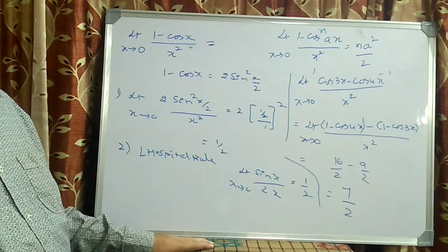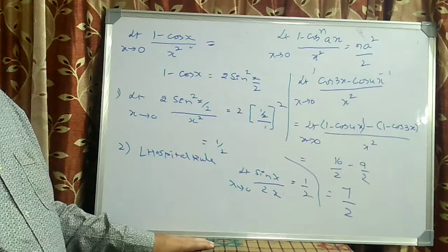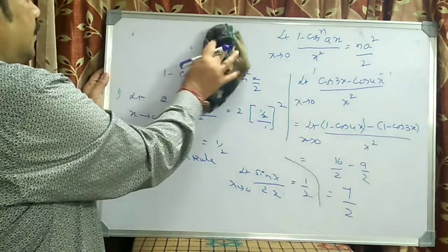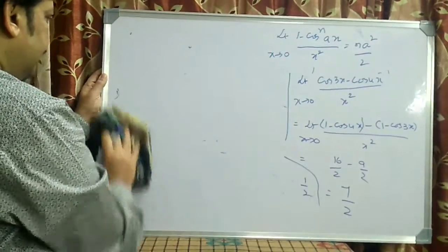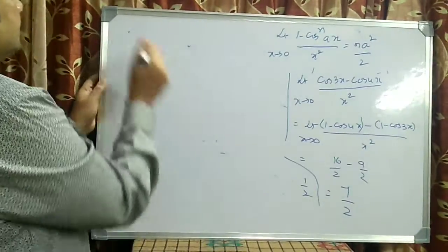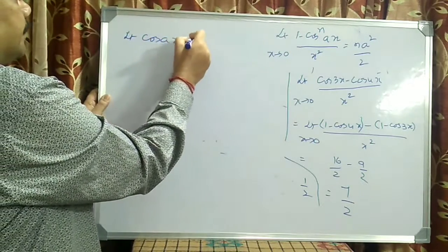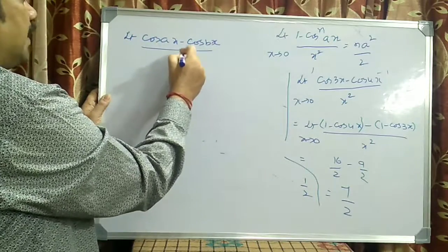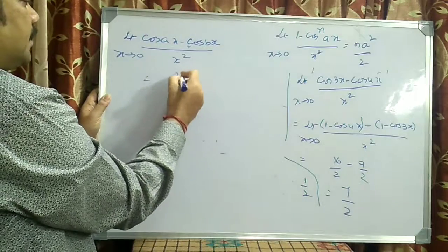This is a very easy formula. Now let me make this a formula for you. This is simply limit cos ax minus cos bx by x square as x tends to 0 is equal to b square minus a square by 2.